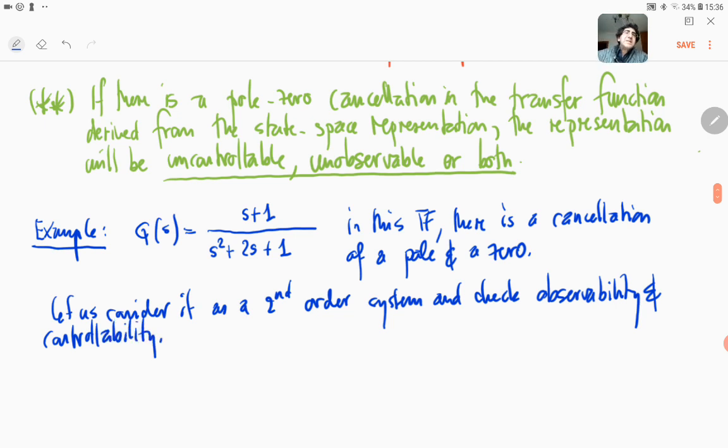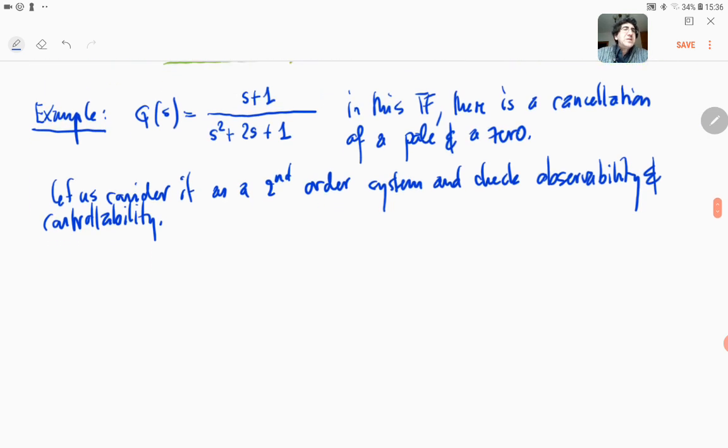What we are saying here is that we have a second order system which has two internal states, but if we derive what happens from its input to its output, it behaves as if it's a much simpler system. So the translation from the input to the output does not entirely reflect what's happening inside the system. This might be quite common. Let us put this system into its controllable canonical form.